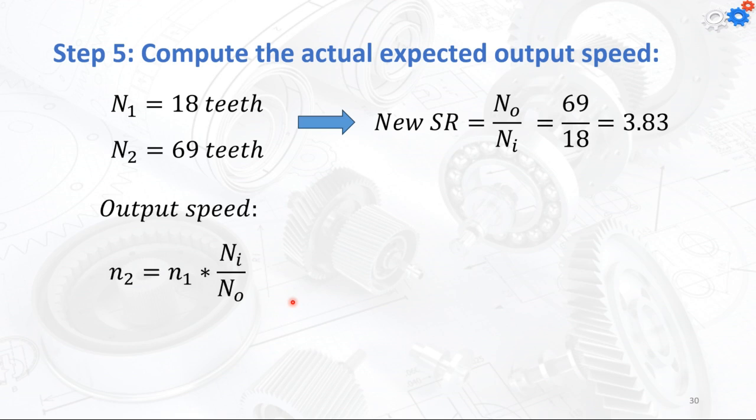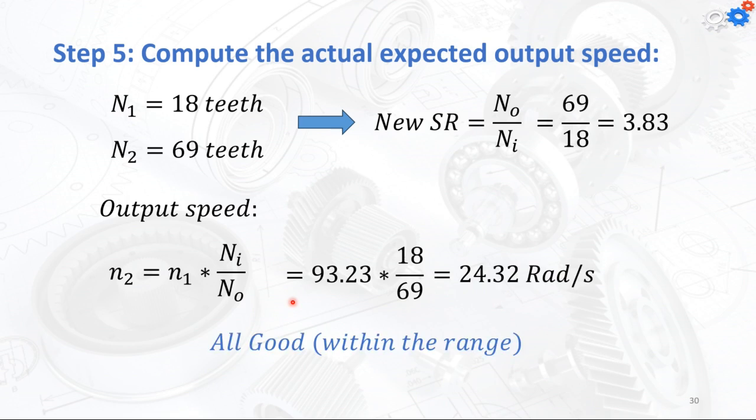So then the output speed is going to be equal to the input speed multiplied by the speed ratio. This will give me definitely the value of 24.32. You remember that I started my design using 24.6. So yeah, it's within the range. It's more than the 24.1 and less than the 25.4. So all good. It's within the range.